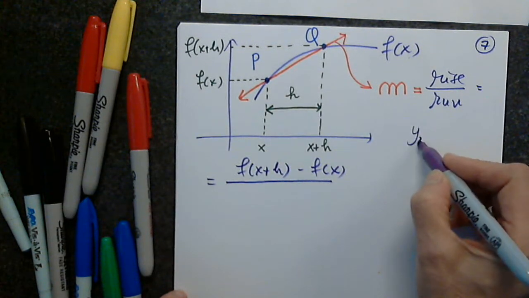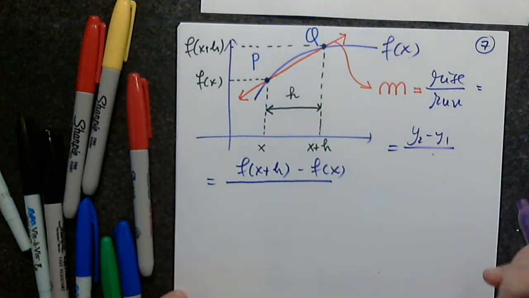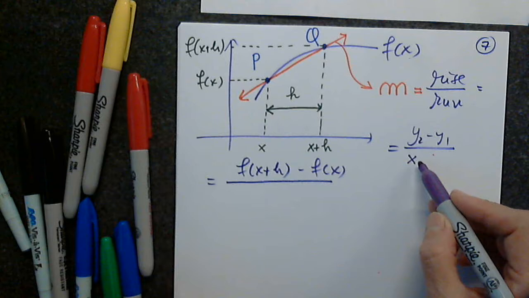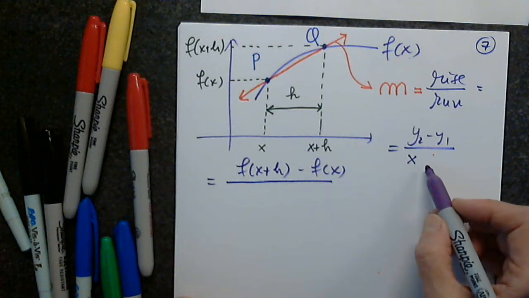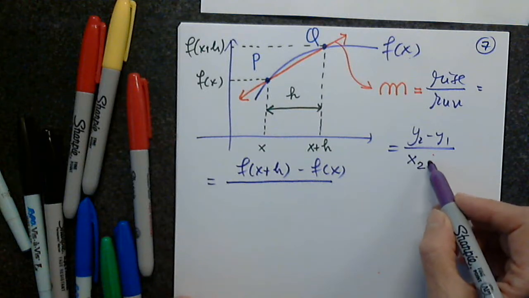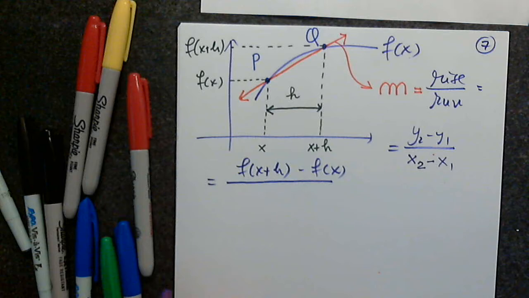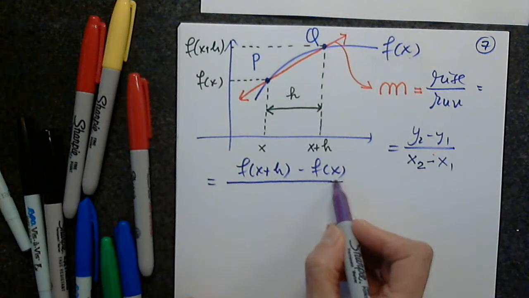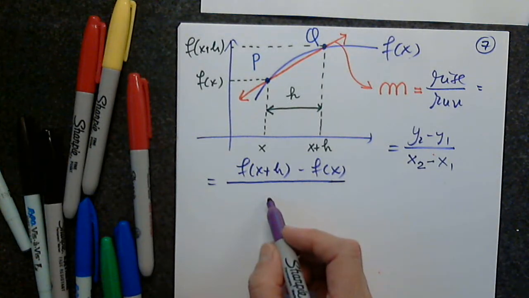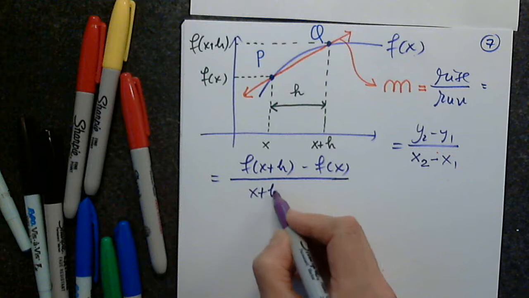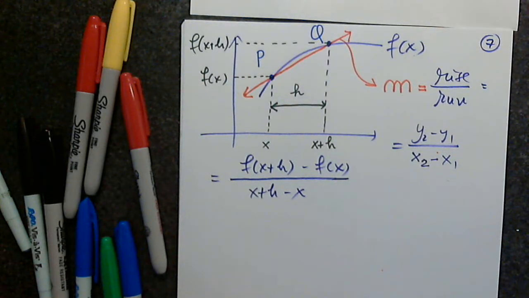Very good. So it's y2 minus y1 over x2 minus x1. So we can write in the denominator x plus h minus x. Is there anything we can simplify here?